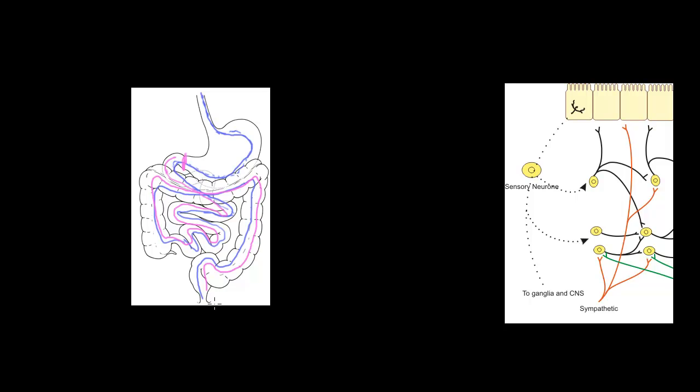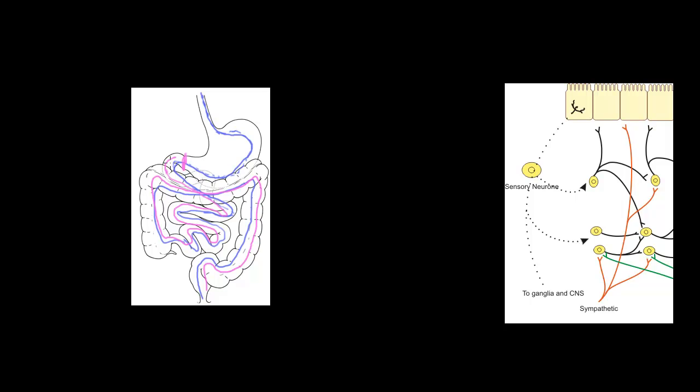The submucosal plexus helps with the mucosal structures, the glands, secretory processes and the villi. It innervates those types of processes and structures, and we have more of that after the food has been digested and is ready for absorption and more processing.